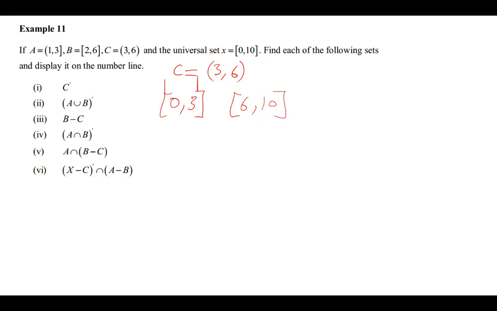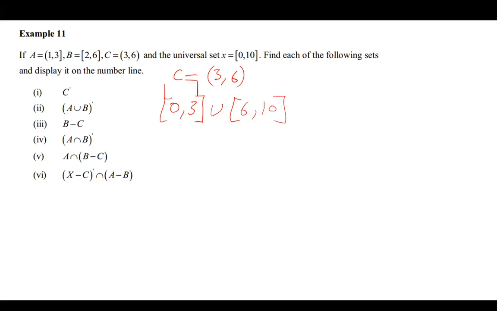Now, what are we going to use to join these two sets? Remember what I said, addition of two sets is union. So when you're adding two sets, you use the union symbol. Do you have any questions about this before we proceed?